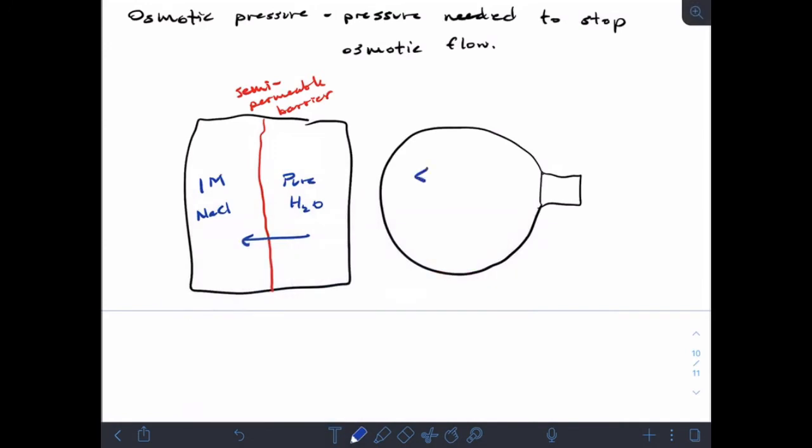But we'll be dealing with, on the left side now, I have significantly less than 1 molar sodium chloride solution and much less pure water over here. Okay?